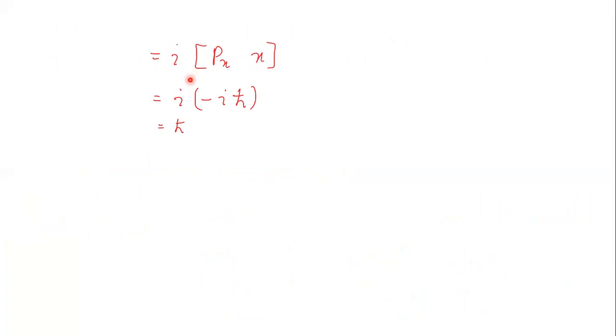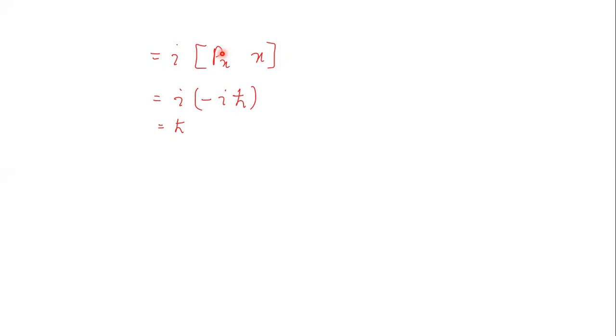Earlier there was no square bracket. Now we introduce the square bracket just to show that it is in commutator form. The value of the commutator of px and x is minus i h bar. Earlier we used the value of the commutator of x and px as i h bar. Now it is reversed here.